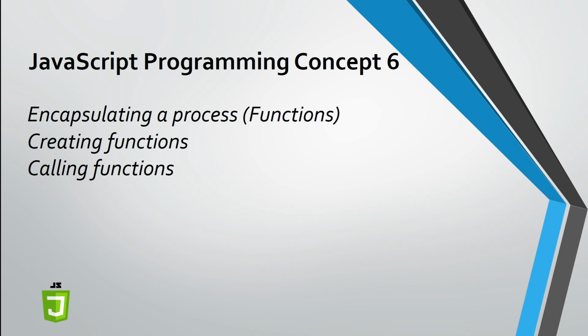Functions can do so much for you, from cleaning up your main program by abstracting some of that logic away into functions, to the ability to reuse functions over and over again inside of a for loop. So hopefully you're excited about being able to encapsulate your process in functions, and enjoy.